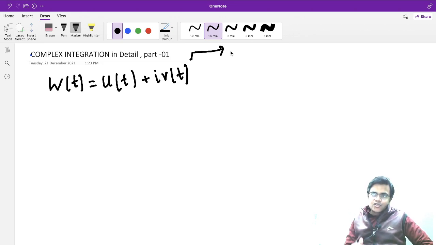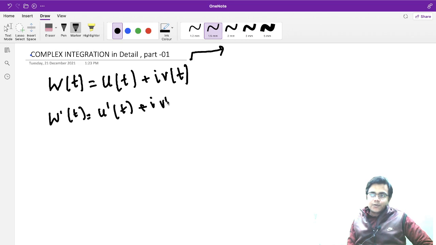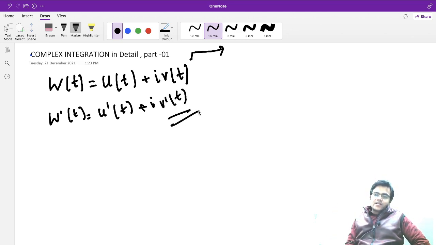But some natural questions come into our mind: if w is equal to u of t plus iota v of t, then how shall you get your w dash t? Yes, you people are saying, oh, it's so simple, u dash t plus iota v dash t. Similarly, like in calculus, the derivative of sin x is cos x.